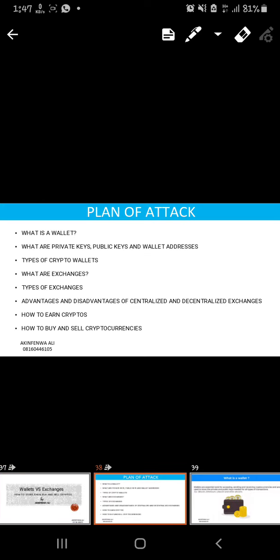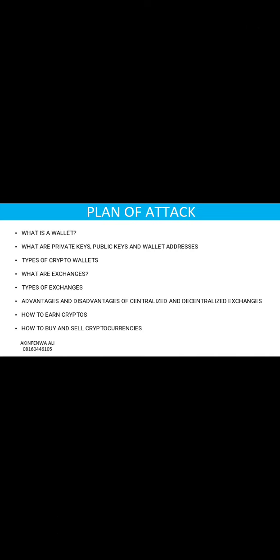Before we talk about wallets and exchanges, we have our plan of attack here, which is our course outline. These are the few things we're going to be discussing in this course. We have what is a wallet. We are going to understand what a wallet is. We're also going to understand what private keys, public keys, and wallet addresses are. We're also going to know the different types of crypto wallets we have.